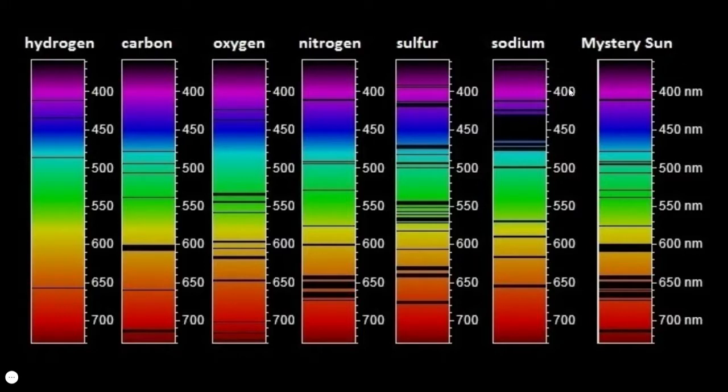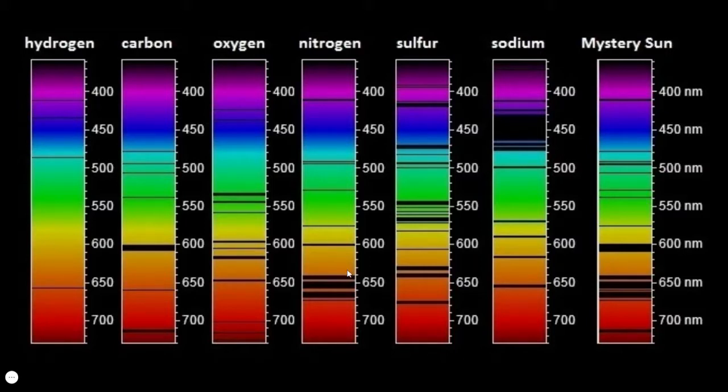So if I compare this to sodium, I know sodium is not in my mystery sun because there's some distinct banding here in sodium that's missing in our mystery sun. The same thing goes for sulfur. I have bands above the 400 mark that are not found in my mystery sun. Nitrogen is the only element that has that distinct band there without additional banding around it.